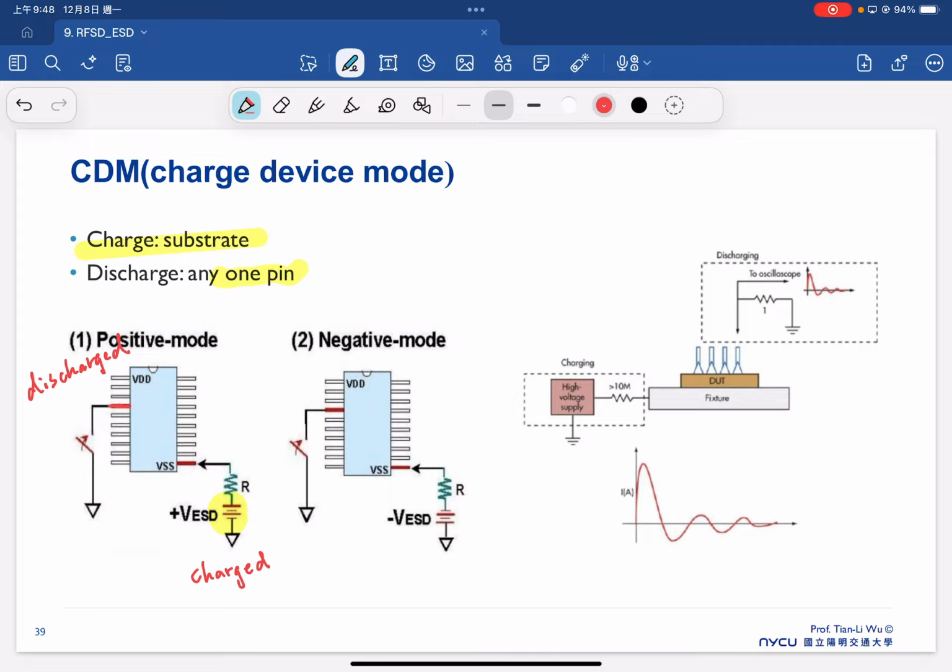That's the CDM mode. It tries to understand the influence coming from the accumulated charge. You place your sample on top of a substrate, and the charge on the substrate might be immediately discharged into your device. Therefore we have to test CDM as well for the ESD capability.